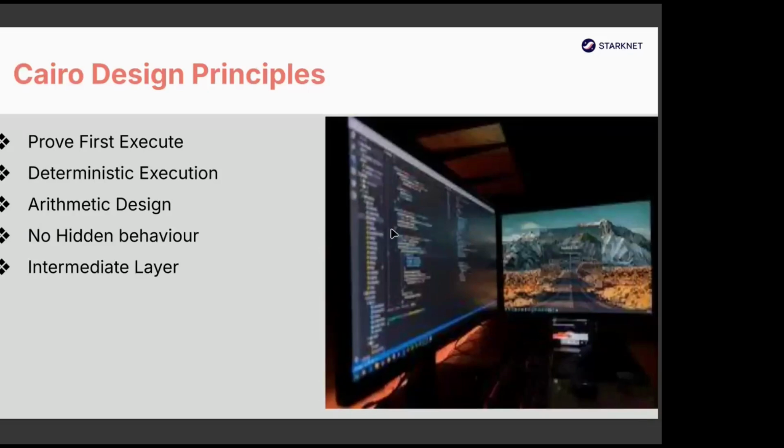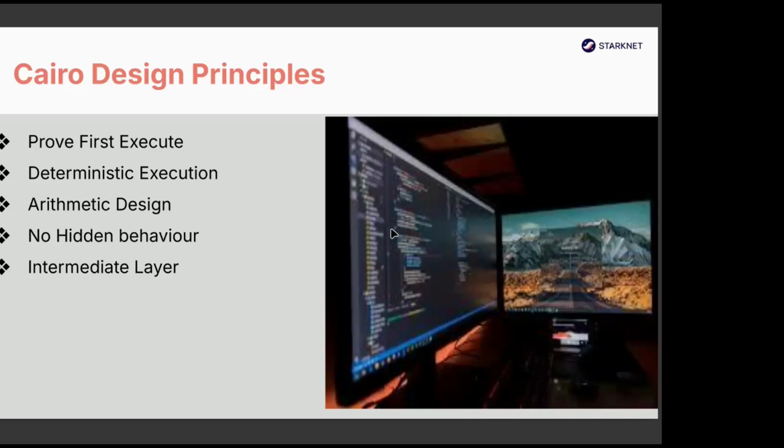Starknet, as I remember sharing, has its power in proving fast and then executing later. So it proves fast, and then executes later. The language for writing smart contracts on Starknet is the Cairo programming language.